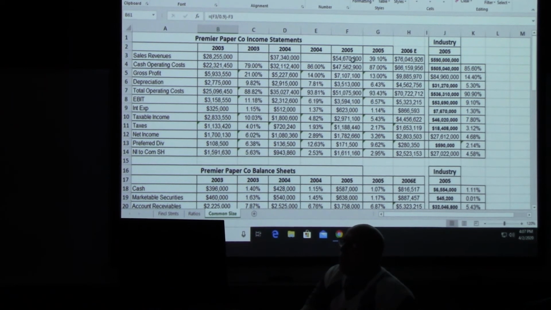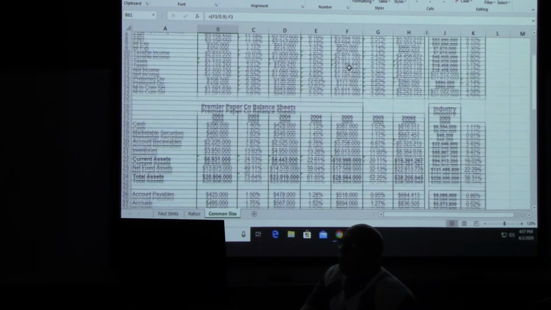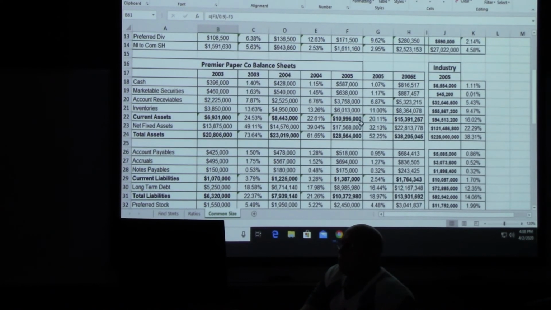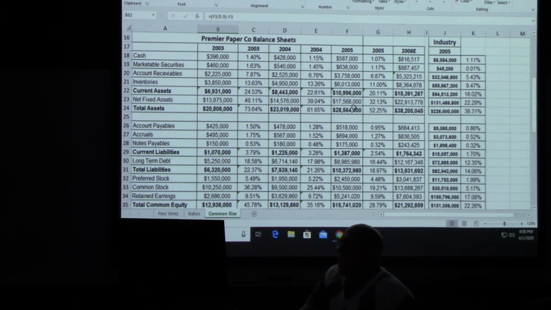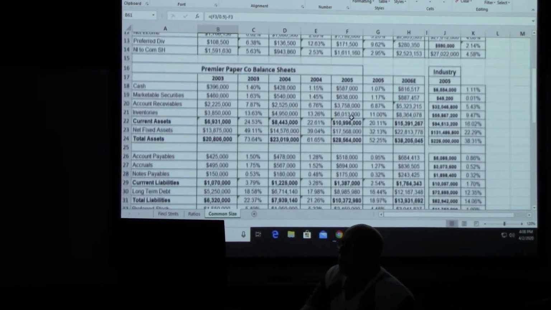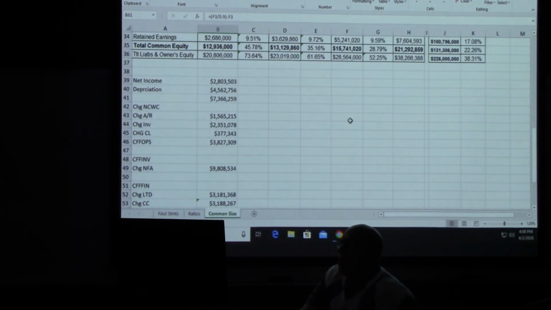But what we would have to buy would be accounts receivable and inventory, okay? So if we went up 6 million in sales, we wouldn't have to add to net fixed assets, but we would have to add to accounts receivable and inventory unless we became a lot more efficient in collecting our accounts receivable and in managing our inventory.